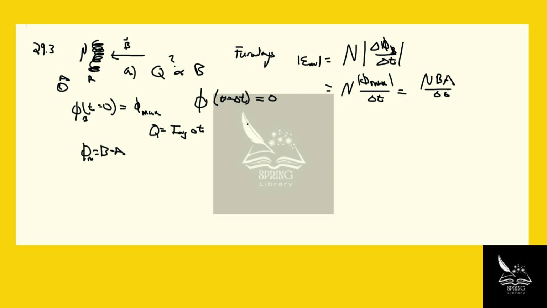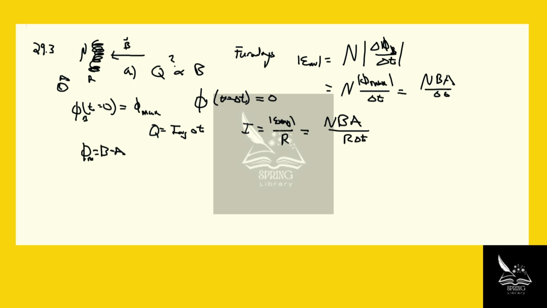Ohm's law says the current is given as the average EMF, or voltage, over the resistance. And the resistance of our coil is just R. So we can plug our equation in here and we get N B A over R delta t.